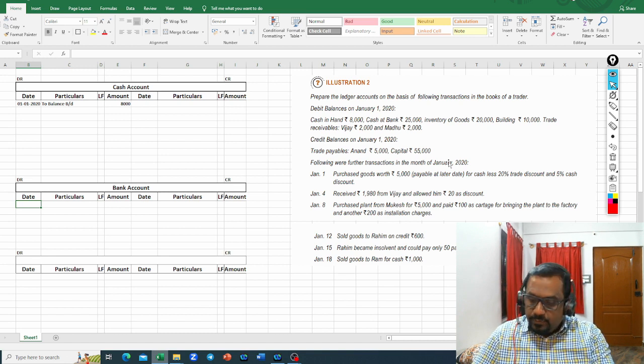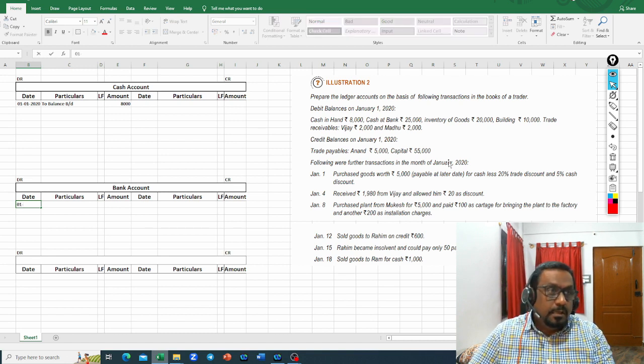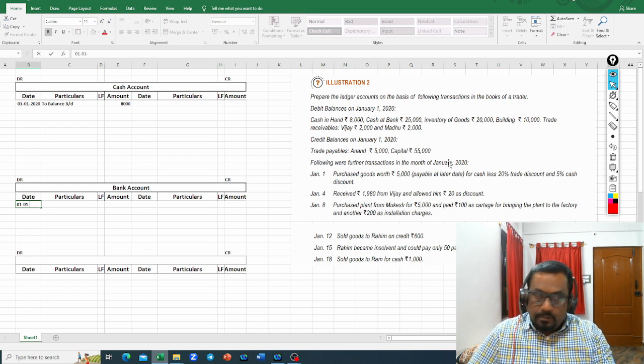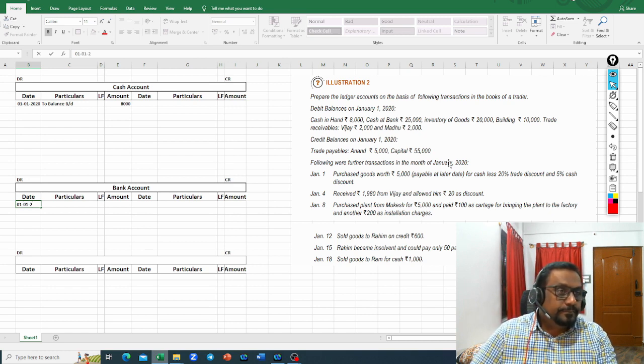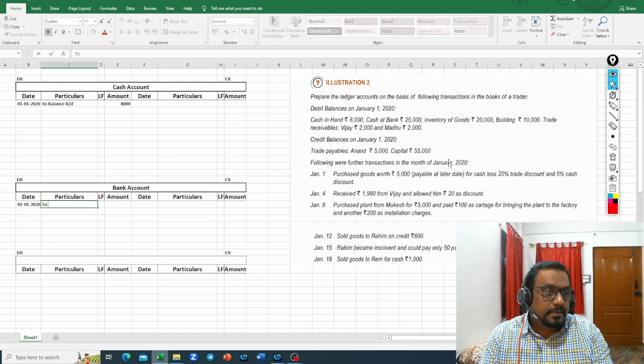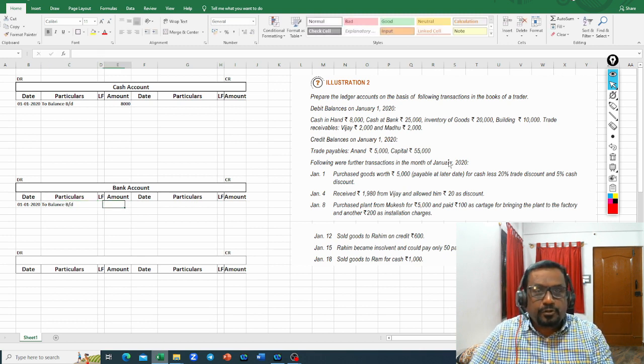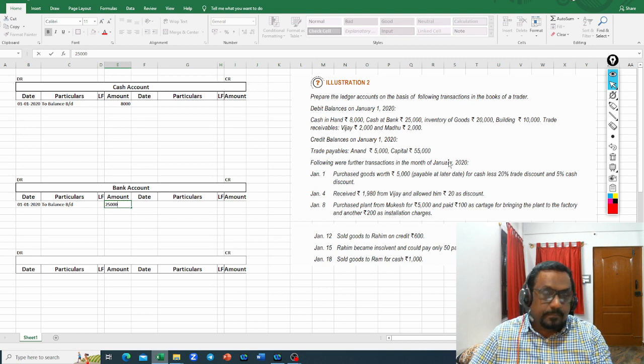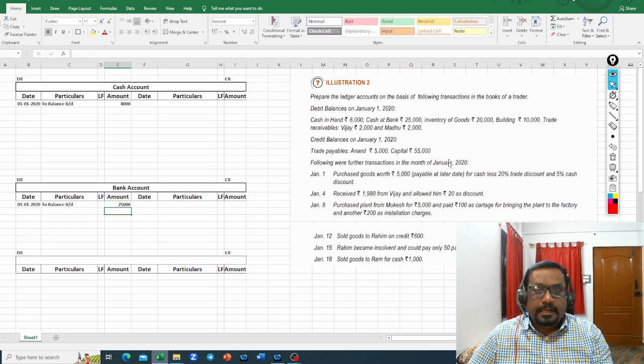What date am I supposed to put? 01/01/2020, to balance brought down. How much am I supposed to put here? 25,000. Clear?